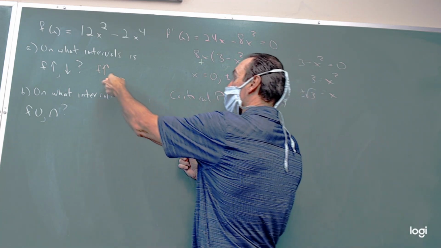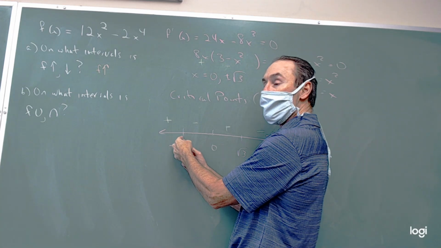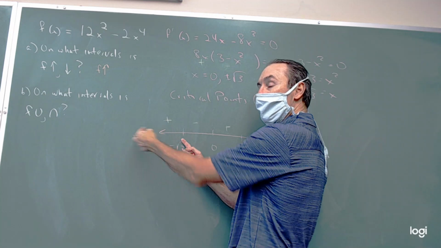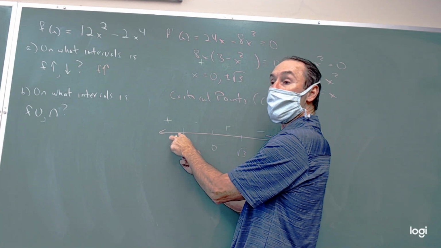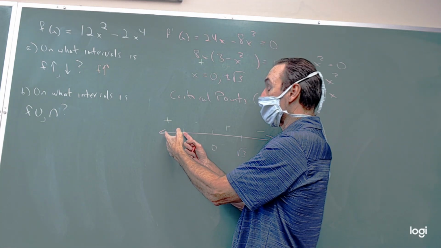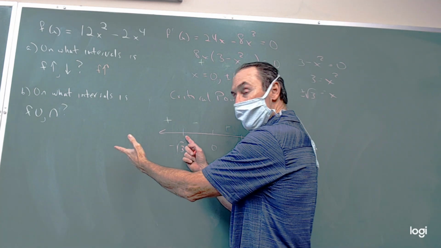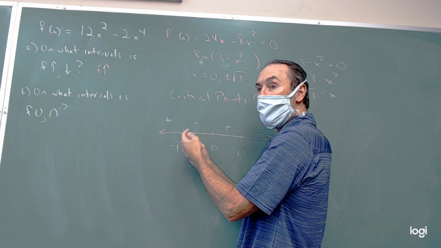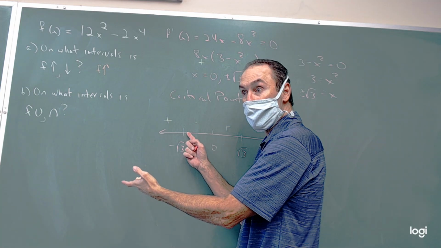But when we're asked where is f increasing, as long as f, the original function, is defined there, that's going to be included in the interval where it's increasing and also included in the interval where it's decreasing. Okay, so f prime is positive for x strictly less than negative square root of 3, but f is increasing for x less than or equal to negative square root of 3.